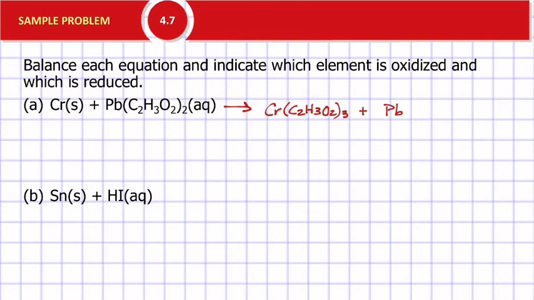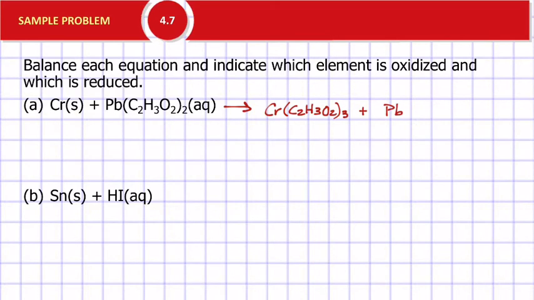We're supposed to balance this and indicate which element is oxidized and which is reduced. Well, we could try balancing it without doing half reactions. Here I've got 1 chromium, and there I've got 1 chromium. Here I have 3 acetate ions, and here I have 2 acetate ions.